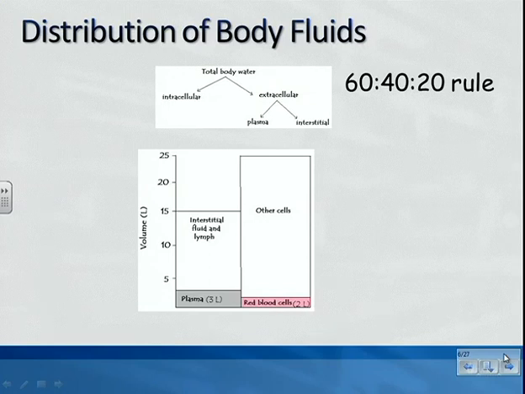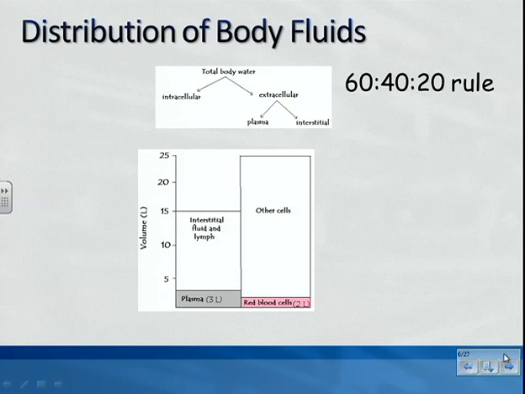About 60% of your body weight is water. Most of that water is found inside your cells, in the intracellular fluid. So 40% of your body weight is water inside your cells. The remaining is in the extracellular fluid.